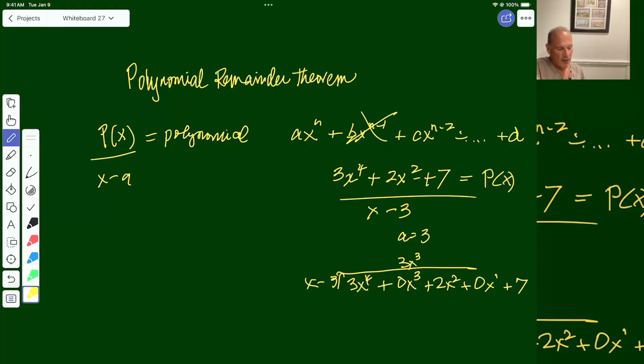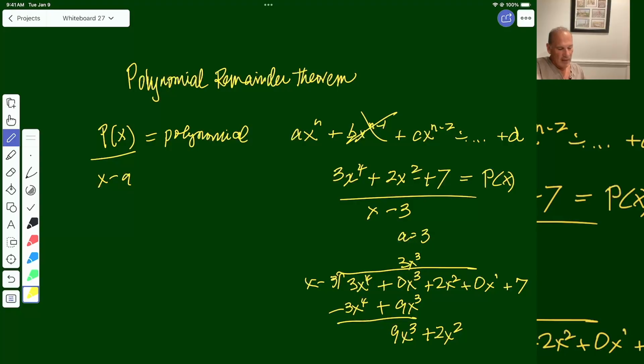And then I'm going to multiply back, and I get 3x to the fourth minus 9x to the third, right? And I'm going to subtract that, which means I'm going to add the inverse. And so I get 9x to the third, and then I bring down the 2x squared.